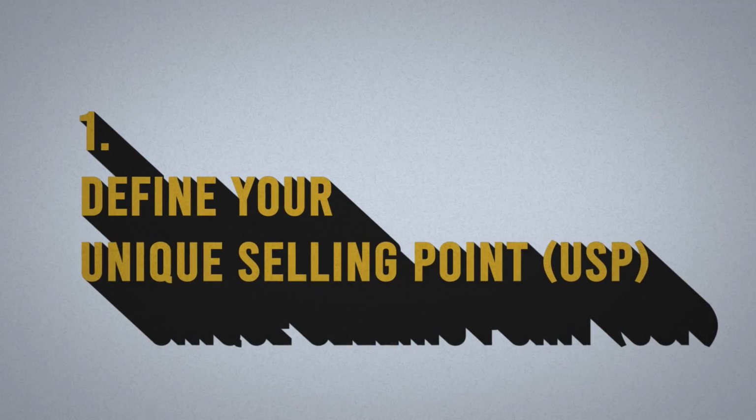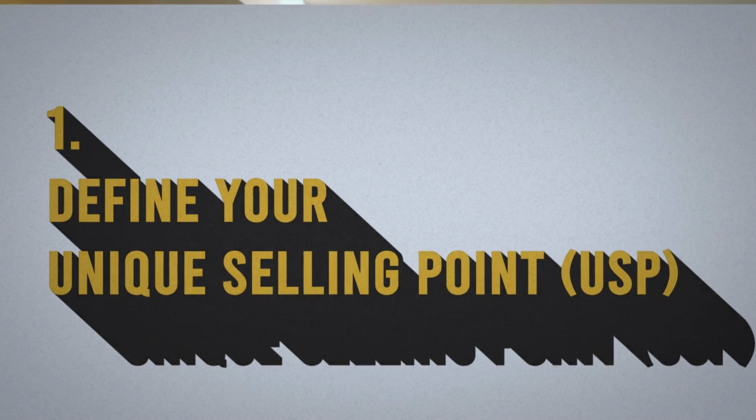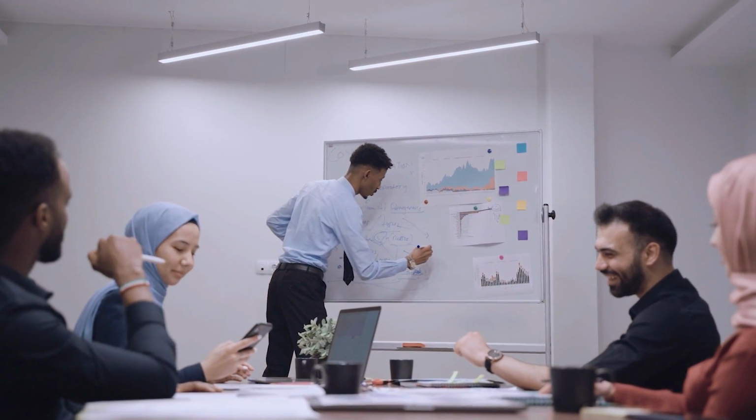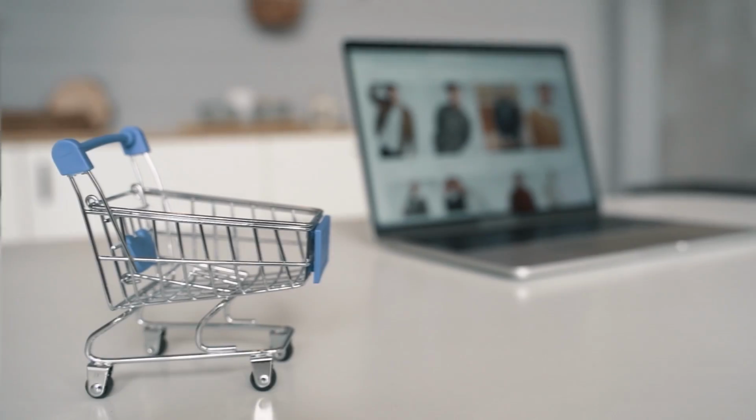First thing you want to do is define your unique selling point. That is called a USP. When defining your USP, you want to consider focusing on the needs of your ideal client. Such a strategy will probably result in attracting employers who are a better fit for your service. So you want to find out what the thing is that makes you special. Are you a copywriter that specializes in email marketing for e-commerce stores that use Klaviyo?